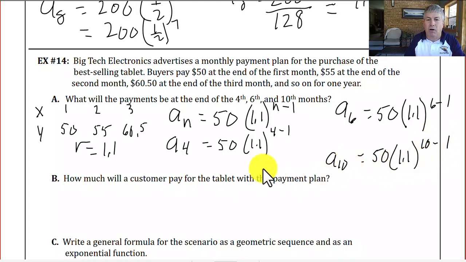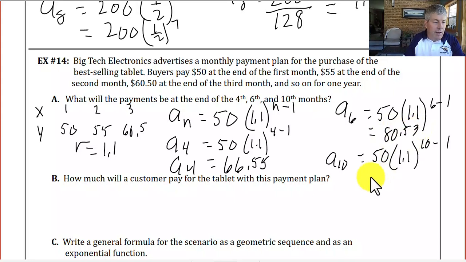And reaching for our calculator, I will then get $66.55 for A sub 4, and A sub 6 is equal to $80.53, and A sub 10 is equal to $117.90.